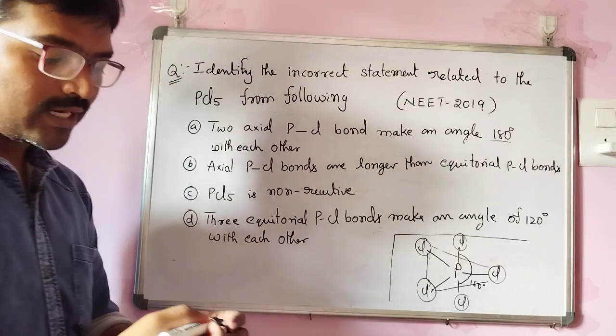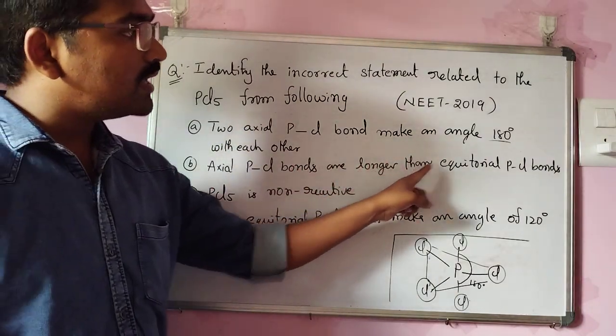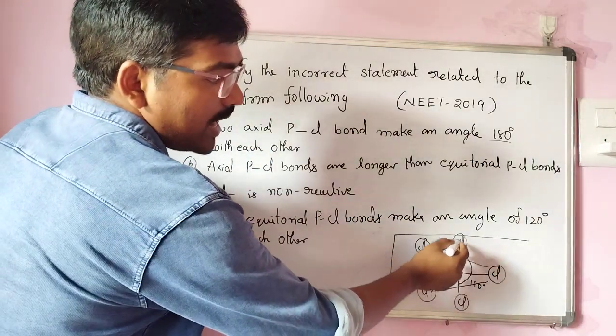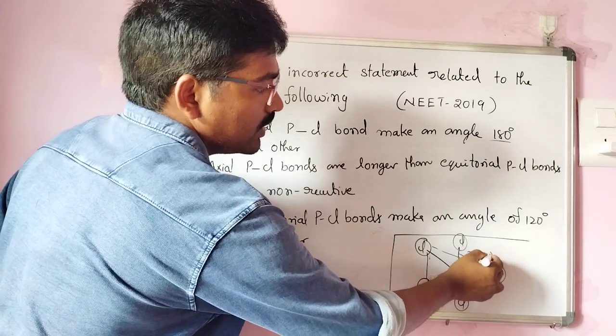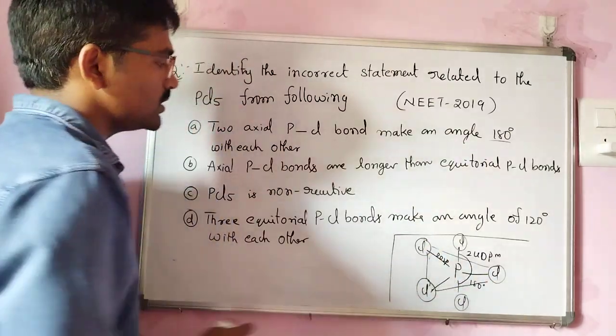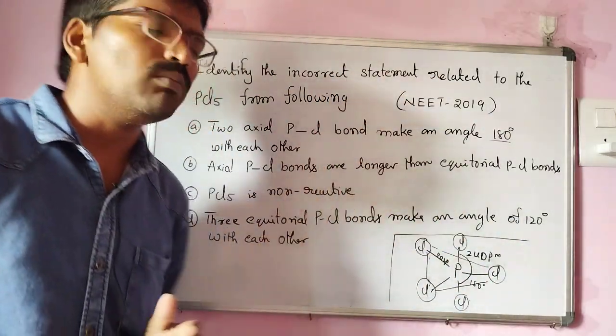The second statement: axial P-Cl bonds are longer than equatorial bonds. We already discussed that axial bonds are 240 picometers and equatorial bonds are 202 picometers, so axial bonds are always longer.